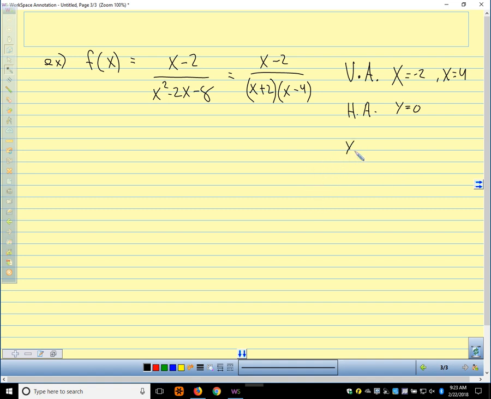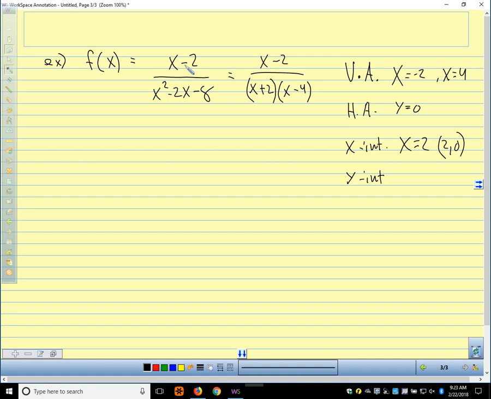X-intercept. What's going to be our x-intercept? X equals 2, so it would be the point (2, 0). So we know it crosses the x-axis there. Y-intercept? Plug in x equals 0, and I get -2 over -8.